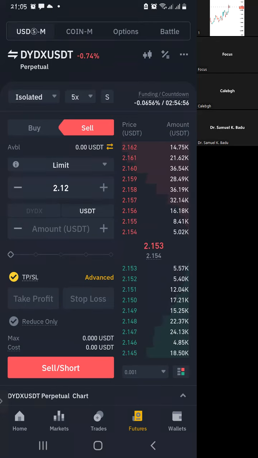So let me quickly use an analogy for us to understand futures, so that you understand how you can make money whether the market is going up or down. Assuming that someone is selling rice, please follow this closely. Somebody is selling rice, and at today's price, a bag of rice costs 50 Ghana cedis.